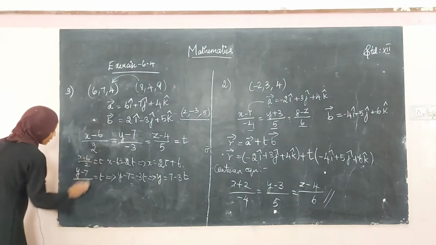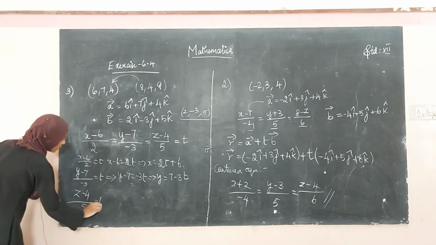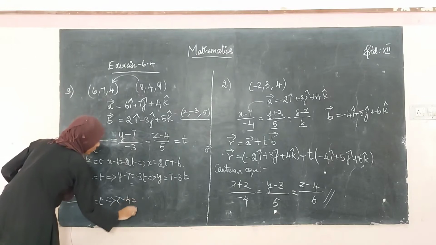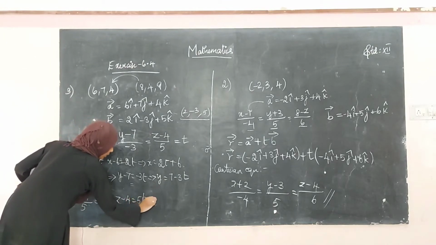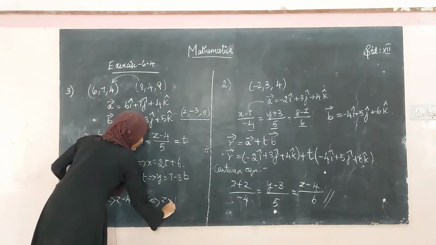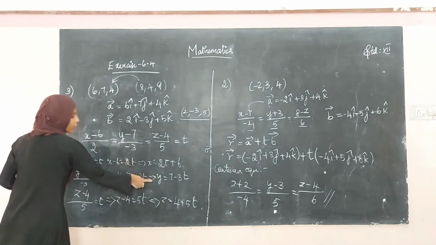Then z minus 4 divided by 5 is equal to t, so z minus 4 is equal to 5t, and z is equal to 4 plus 5t. Now we got the value of x, y and z.